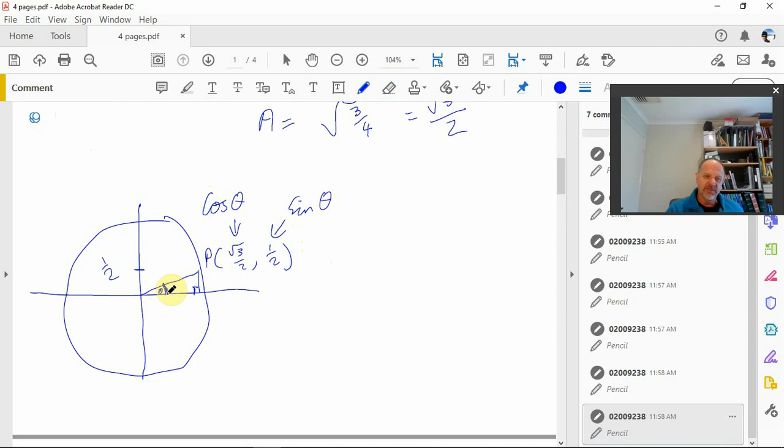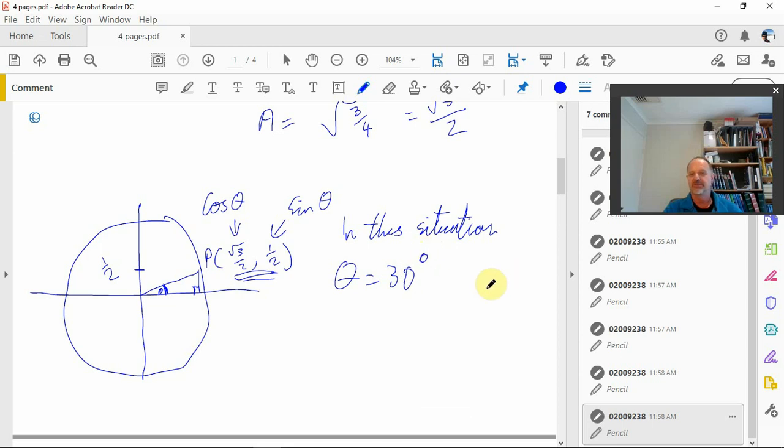Well, it turns out, and there's a thing in your textbook that shows you this, that for these particular values of cos theta being √3/2 and sine theta being 1/2, in this situation our theta is 30 degrees. And of course, pi on 6 radians for the radian version.